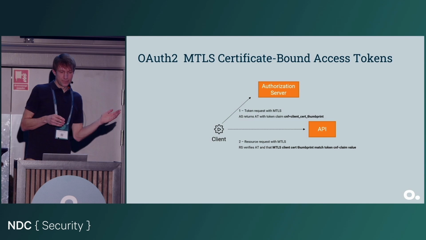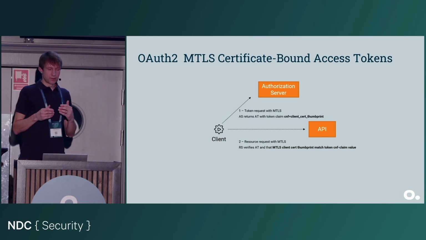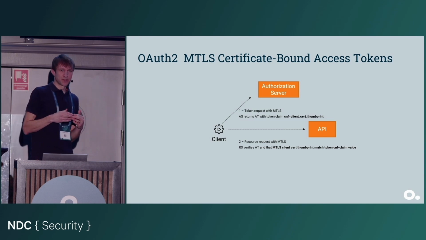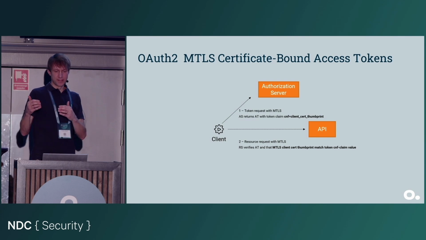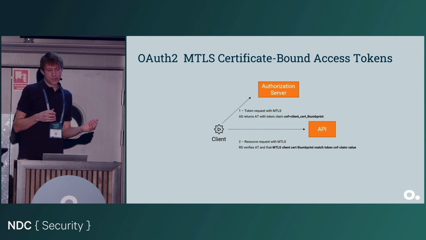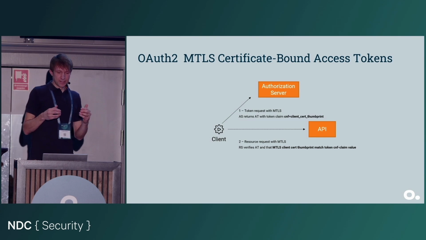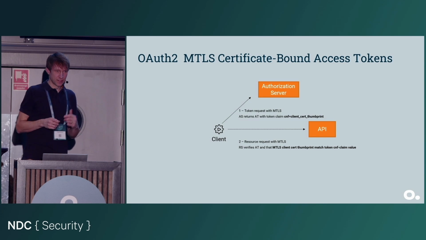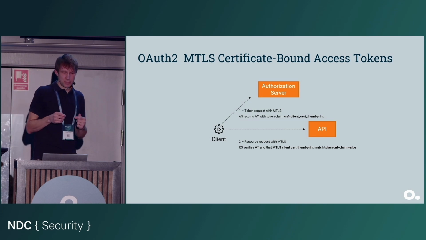The client is now required to also do mutual TLS authentication to the resource server. Then the resource server can compare the client certificate thumbprint that was used for the client authentication with the hash in the access token.